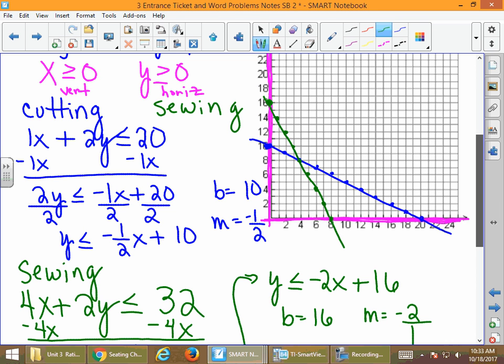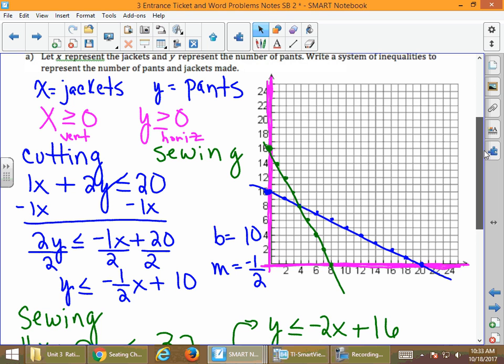But remember, with inequalities, it never says shade. That is implied in the problem that we need to shade. So we're going to go back to our 2 purplish colored lines. And it says x is greater than or equal to 0. Well, that is our vertical line.